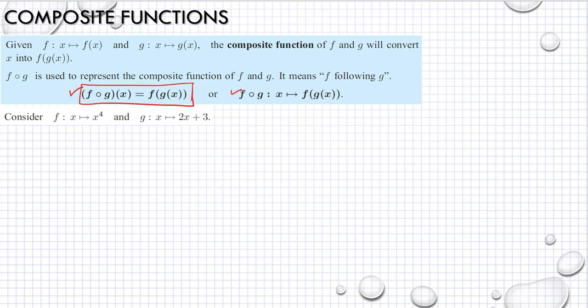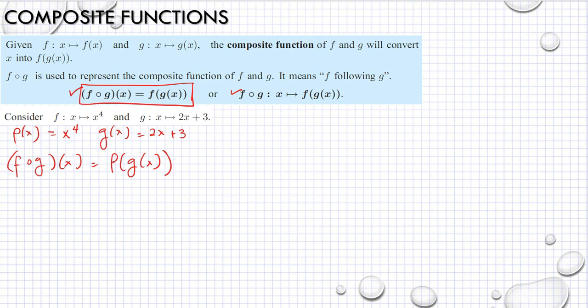Consider f of x is equal to x raised to 4, and g of x is equal to 2x plus 3. If we're going to find the composite function of x, that means we have f of g of x.